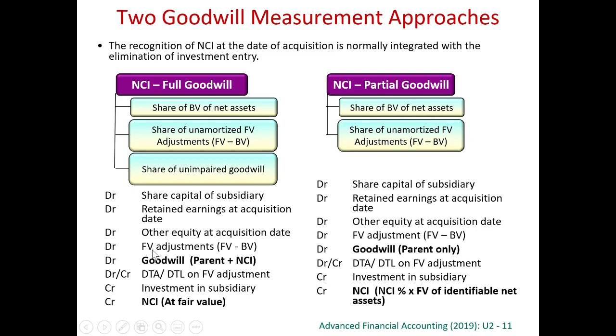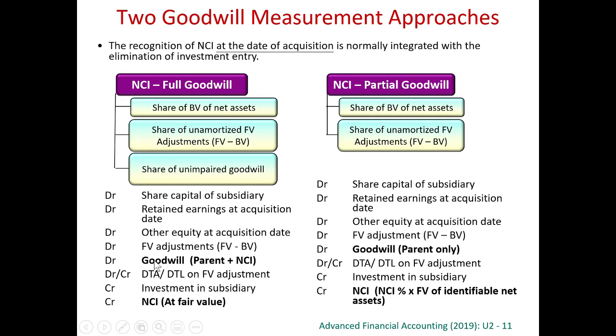Because of this fair value adjustments, there may be a deferred tax implication. If the fair value of the assets go up, you have to credit deferred tax liability. You have to credit non-controlling interest if there exists any non-controlling interest. If all this cannot balance, the balancing figure is goodwill.